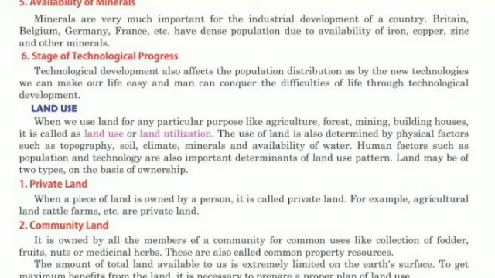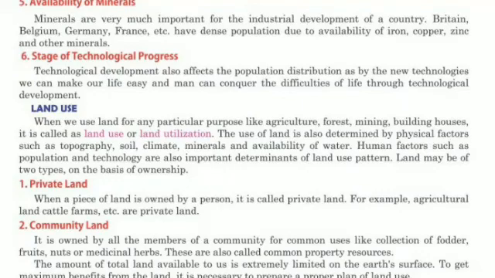Next, availability of minerals. Where minerals are found, that area is also densely populated, because these are very important for the industrial development of a country. Britain, Belgium, Germany and France have a dense population due to availability of iron, copper, zinc, and other minerals.